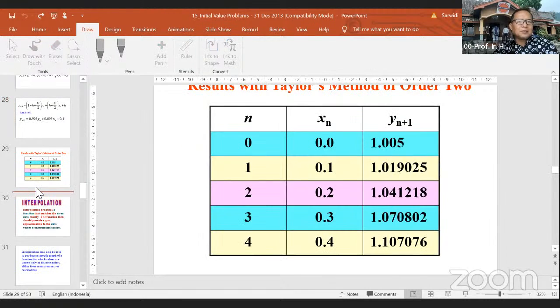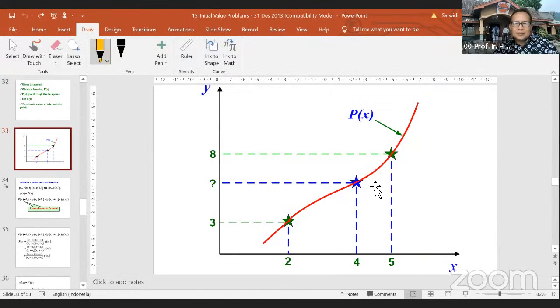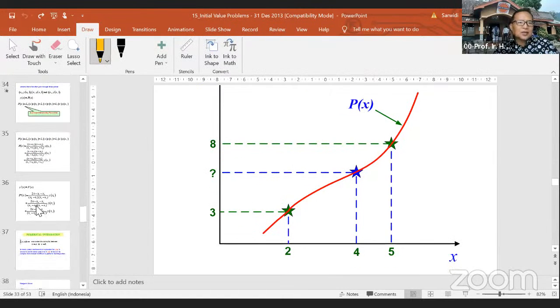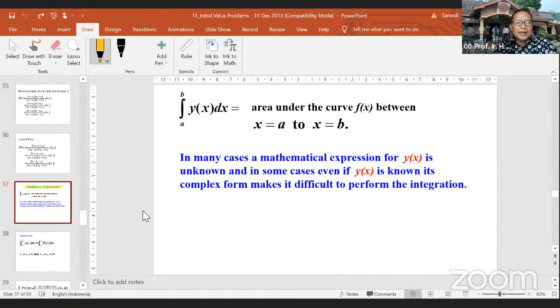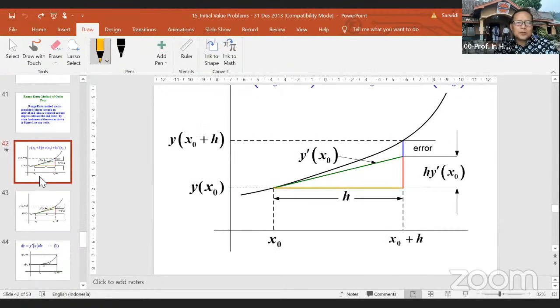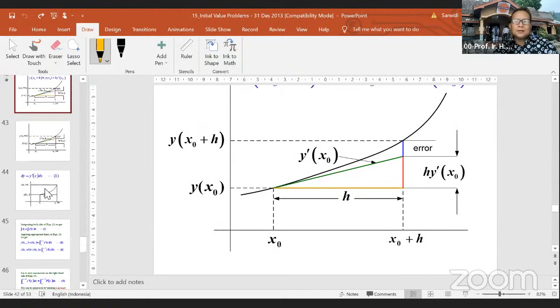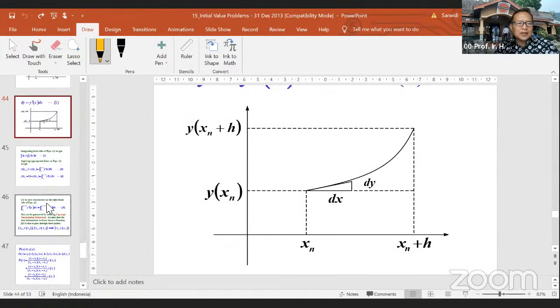Finally, one of the mathematicians tried to have a formula. This is very important. I will give you this. These are the sources, I'll send you.